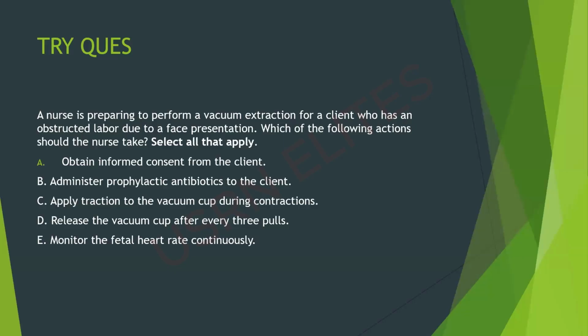Obtaining informed consent from the client. Then also apply traction to the vacuum cap during contraction, that is C. Then E, monitor the fetal heart rate continuously, I think it's also correct.